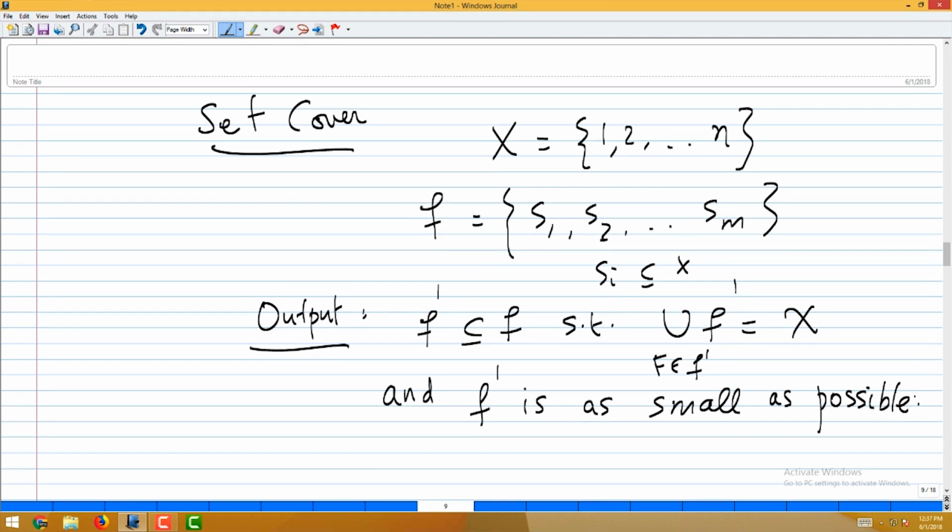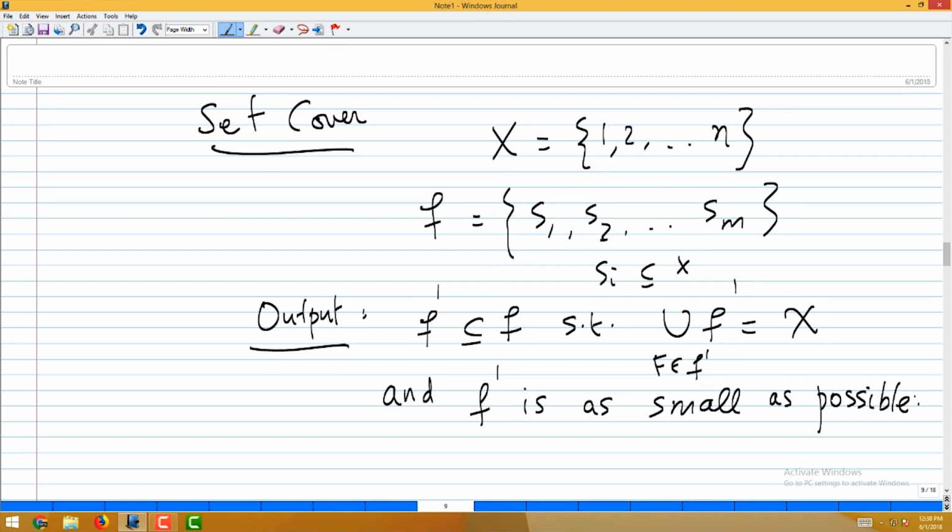What would be a brute force algorithm here? All subsets of F, because naturally whatever you are looking for as output will guide you how to do it, right. You try all possible subfamilies of F, see whether the union is the universe, and among all such subsets pick the one which has the minimum size.